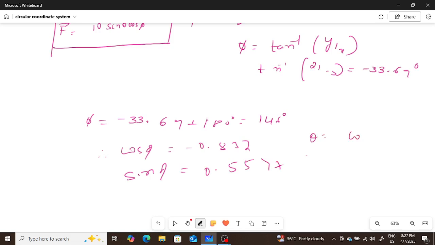Theta is cos inverse of z by r, because z is r cos theta.